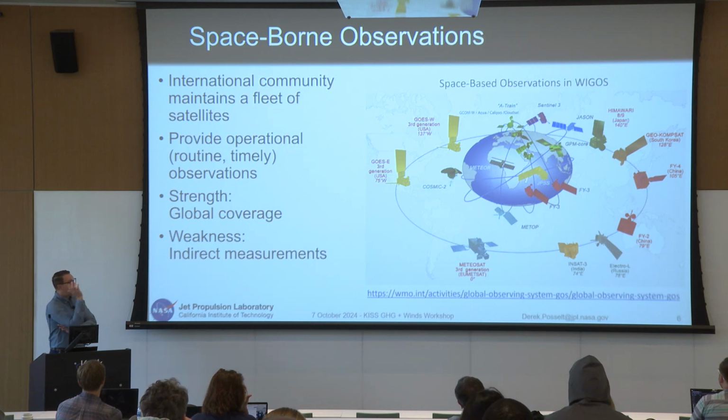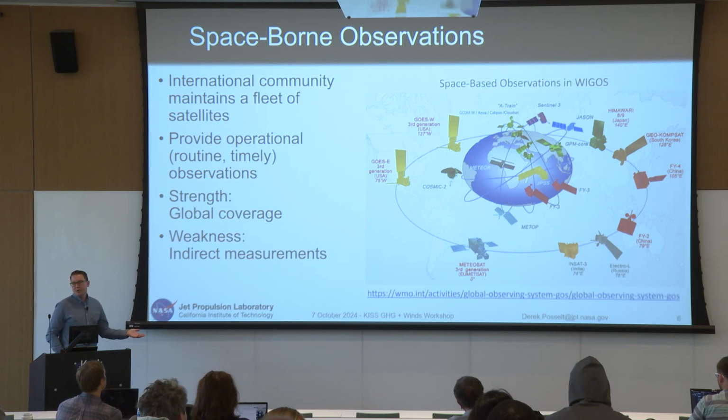So there are a lot of research satellites, but in addition to those research satellites, which come and go, there is a backbone of the global satellite observing system which will stay in place for decades. Meteorological agencies plan out decades in advance. So NOAA's 2030s observing system has been set for quite some time. They know what they're going to build. They know what they're going to fly. They're now starting to work on the 2050s time frame.